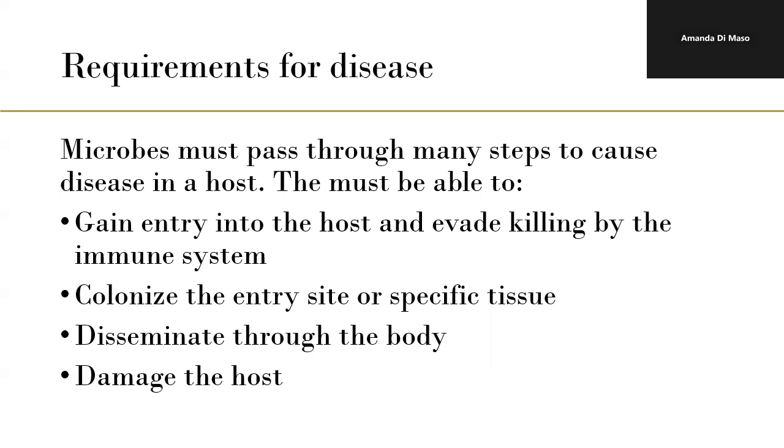They usually have to be able to disseminate through the body. Very rarely does an organism gain entry into your body and then immediately say, okay, this is where I wanted to be the whole time. Especially viruses. They like very particular cells, not just, oh, I need to infect a human cell, but they want to infect a human nerve cell or a human liver cell or whatever it might be.